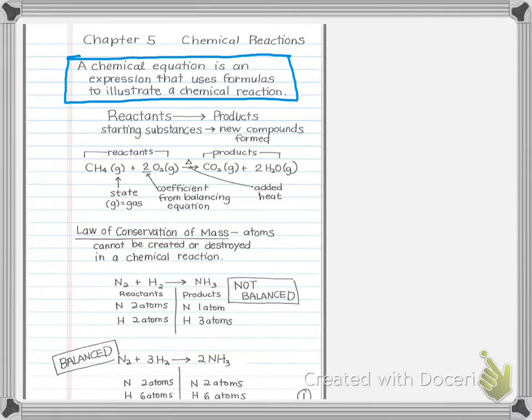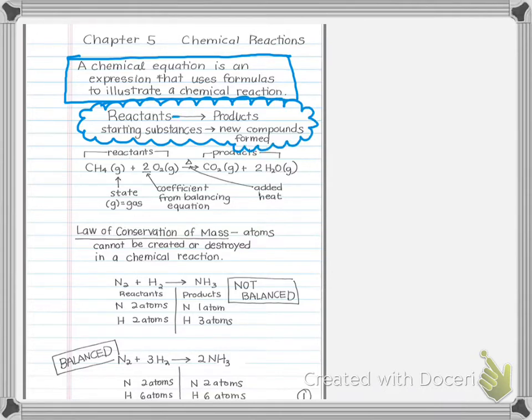Now in the general format, and you can see it right here, here's the general format of a chemical equation. We have the reactants, which are our starting substances. You might think about this as the chemicals that are on the lab bench.